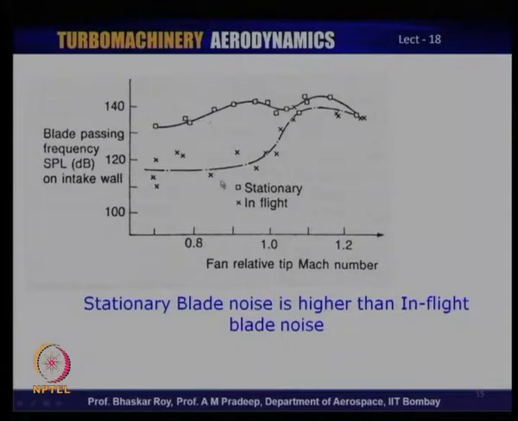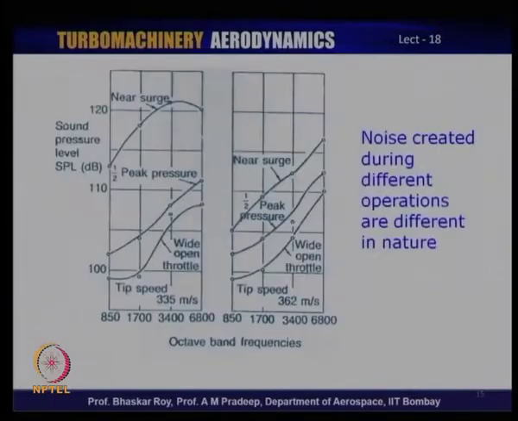Whereas, during a cruise at some altitude, the fan relative tip Mach number is normally somewhere down here, and as a result the noise, as we can see, is substantially lower than the takeoff or ground static noise. So, noise does depend on the fan relative tip Mach number.